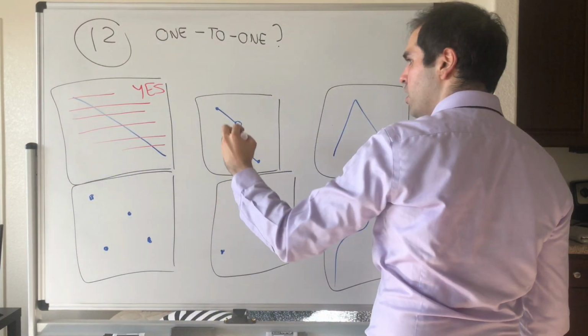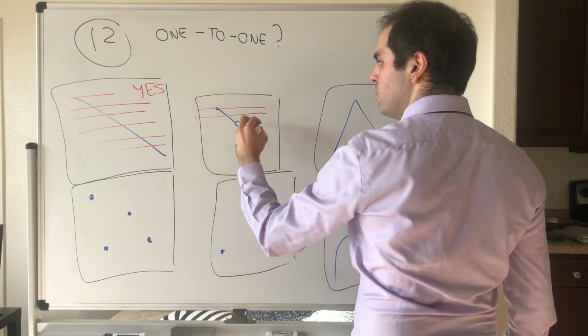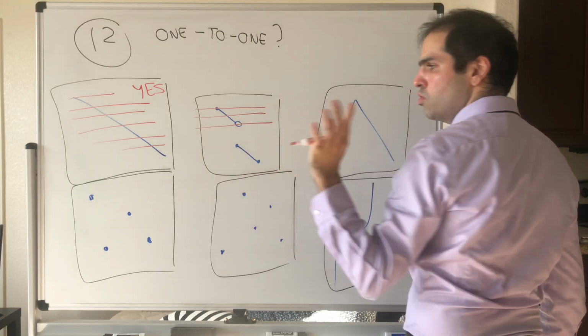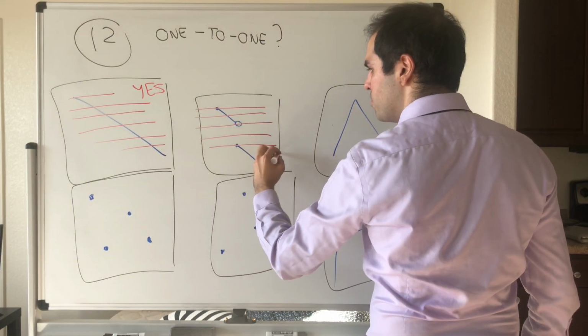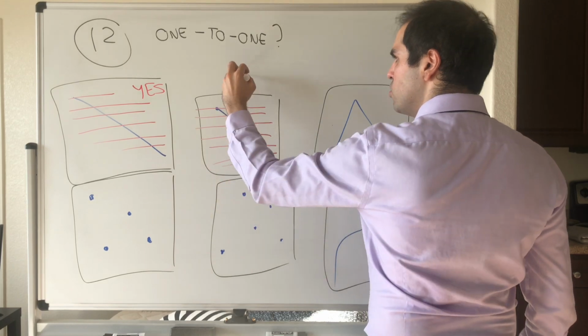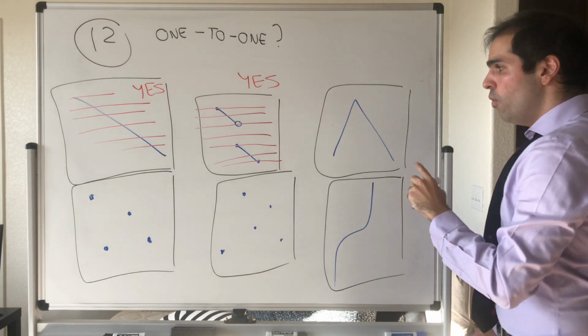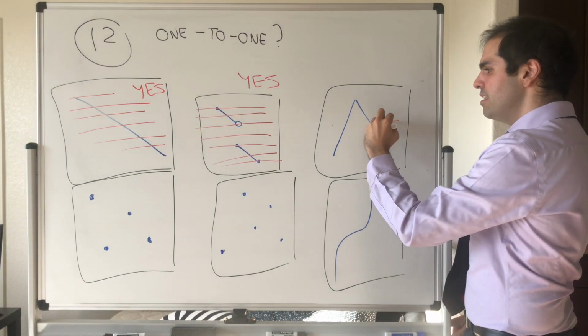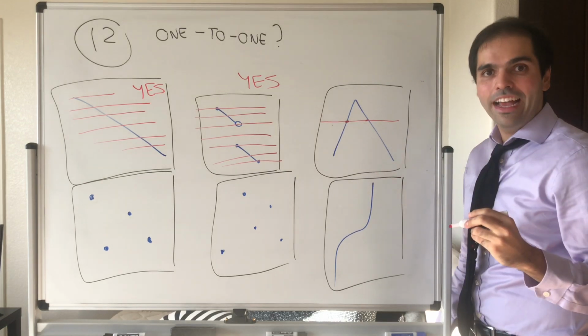How about this one? Well, look, this horizontal line goes through once, this one as well. This goes through it 0 times, which is okay. Also 0 times, once, once, once. So in fact, also here, it's 1-to-1. What about here? Notice this horizontal line goes through the function twice.